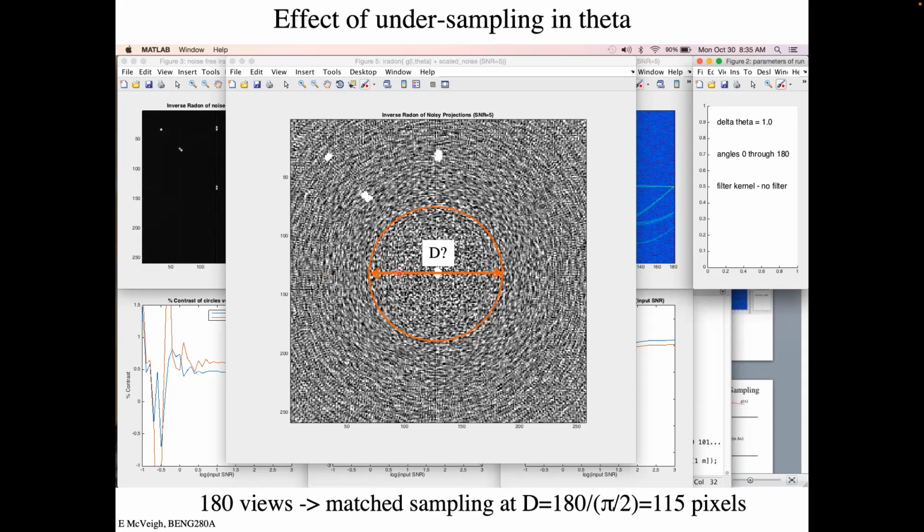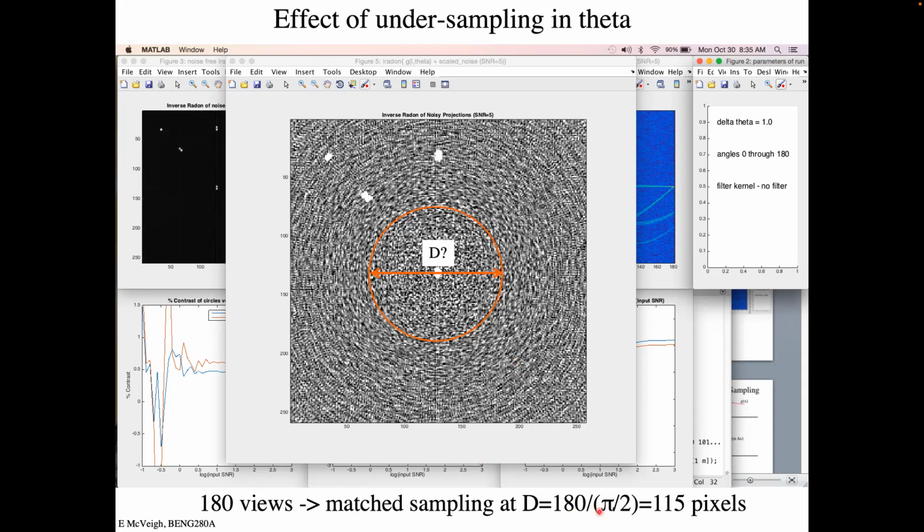If along my detector length I have a sample every 1 millimeter, I basically want to sample every 1 millimeter along here. And so with 180 views, what does that allow this number of millimeters to be? Well, pi d is the whole circle, so pi d over 2, we need that to be 180 points around here.